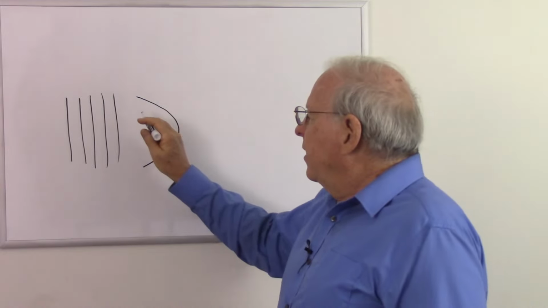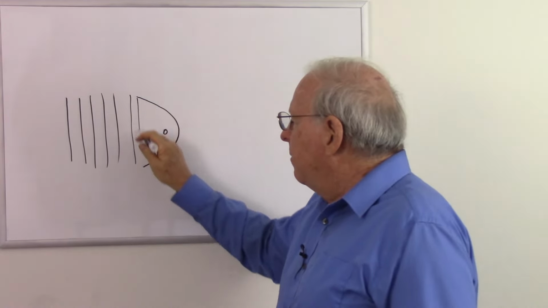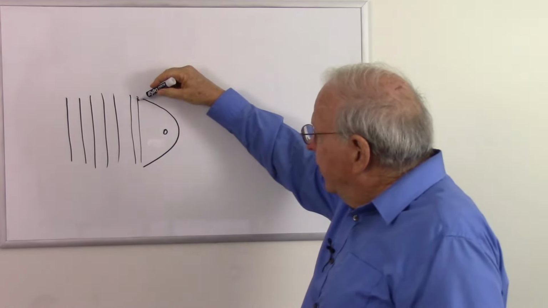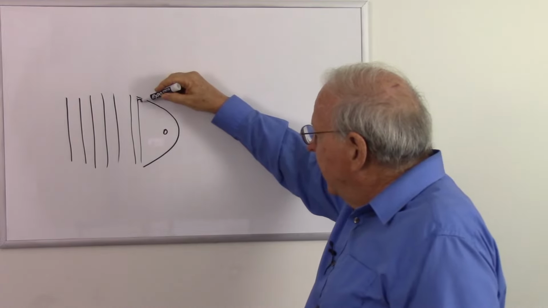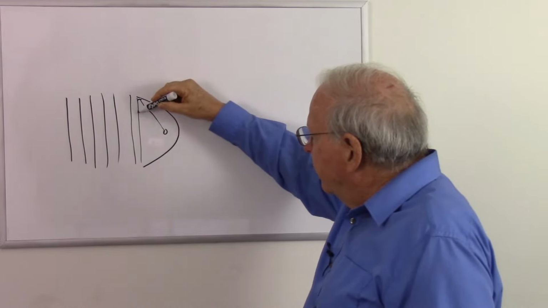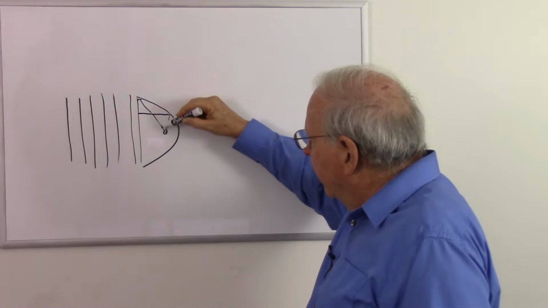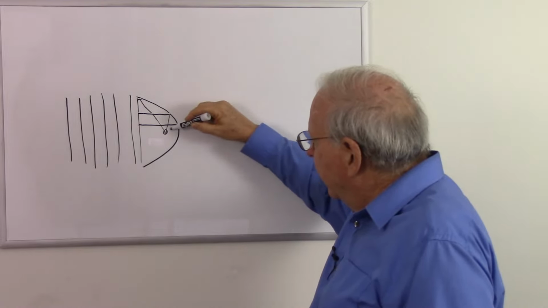And what's going to happen is when these sounds hit the parabola, the distance between here and there, between here, here, and here, is the same as the distance between here, here, and here, and between here, here, and here.